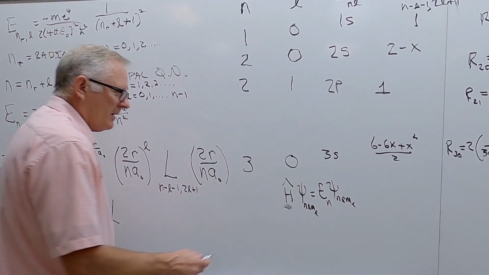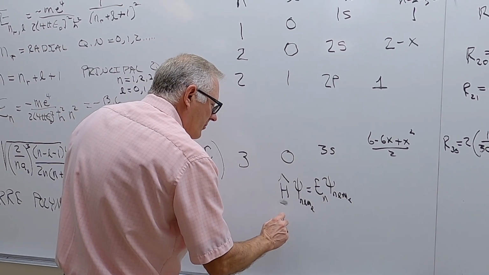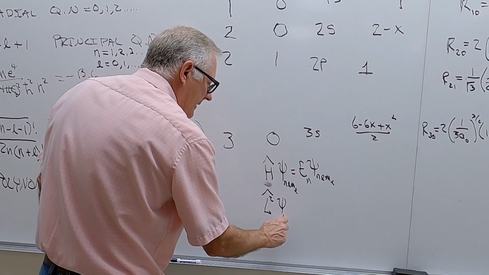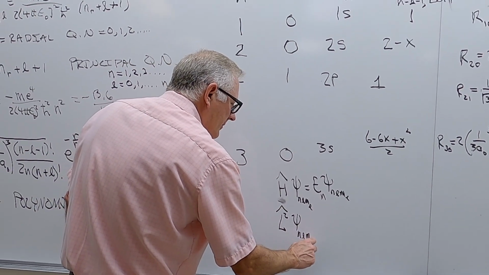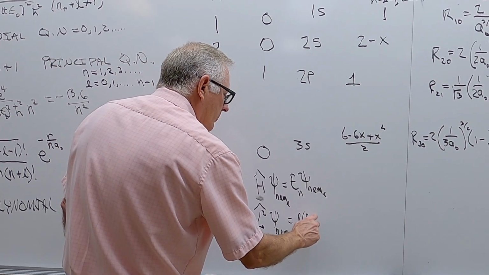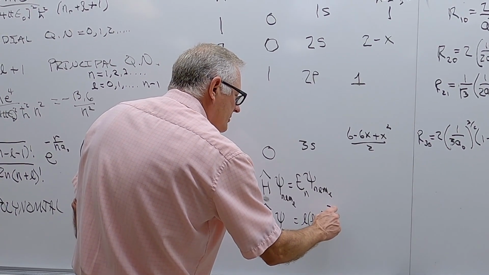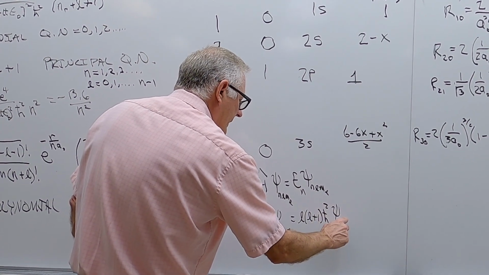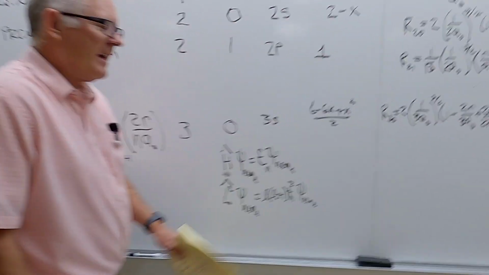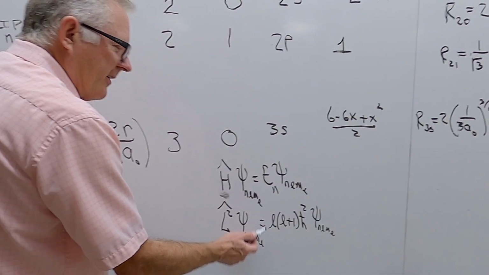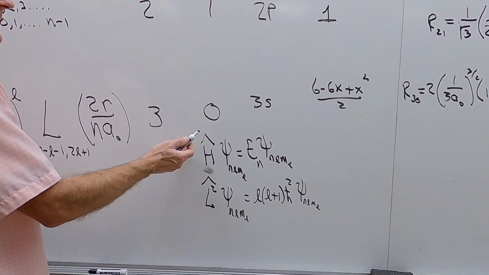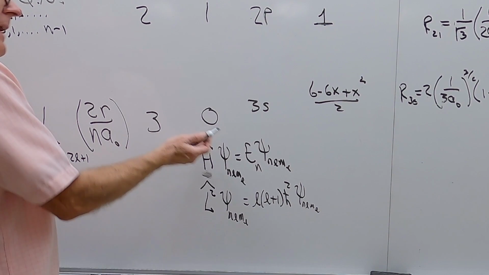We also said L squared acting on the same psi equals L times L plus 1 h bar squared psi n l m sub L. So this will allow me to get the L quantum number. Remember, they share the same eigenfunctions. So when you measure this and then measure this, it doesn't mess this up. You can go back and get the same energy.